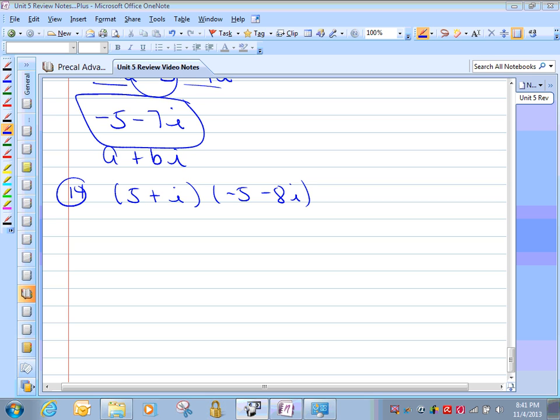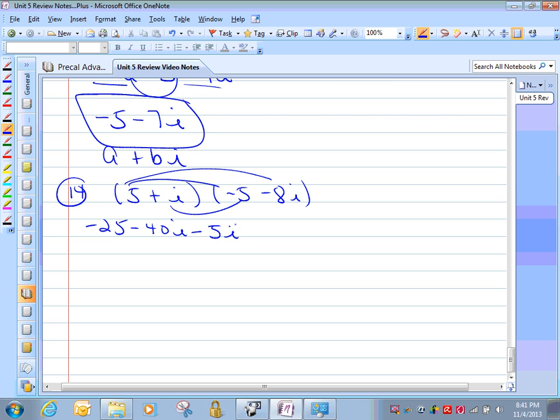All right, in this next problem, we're multiplying two complex binomials, so let's do that. So we're going to have 5 times negative 5 would be negative 25. And we'd have 5 times negative 8i would be negative 40i. And then we would go i times negative 5 is negative 5i. And i times negative 8i is negative 8i squared.